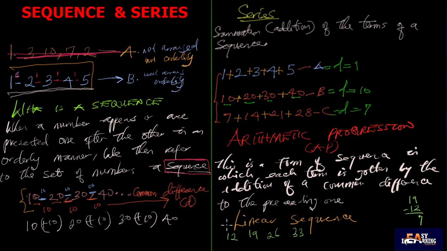So the common difference here is 7, meaning it will be 7 each time. So 12 plus 7 is 19, 19 plus 7 is 26, 26 plus 7 is 33. That gives us the arithmetic progression, or what we would call the linear sequence.